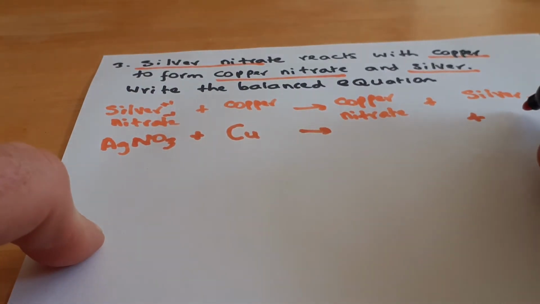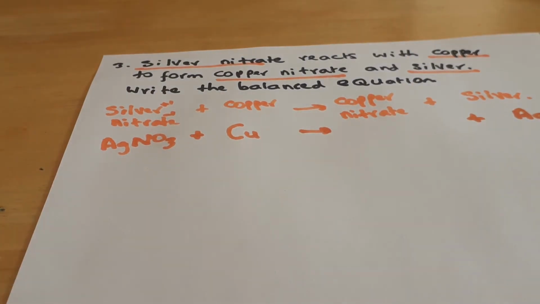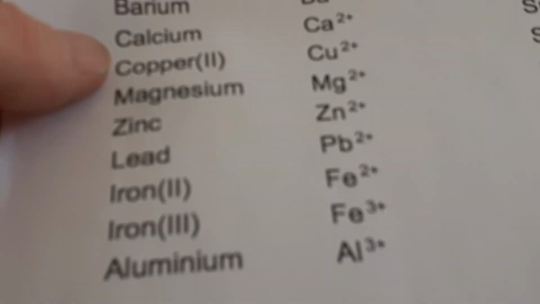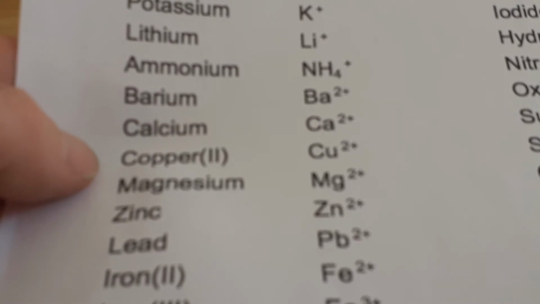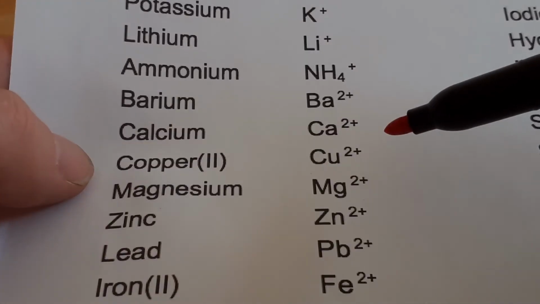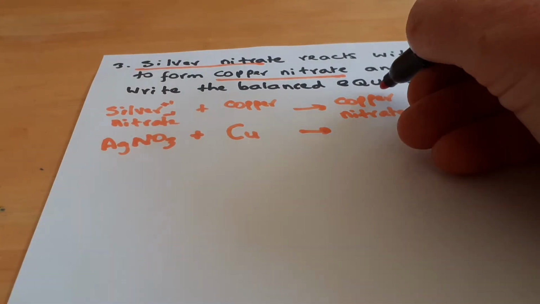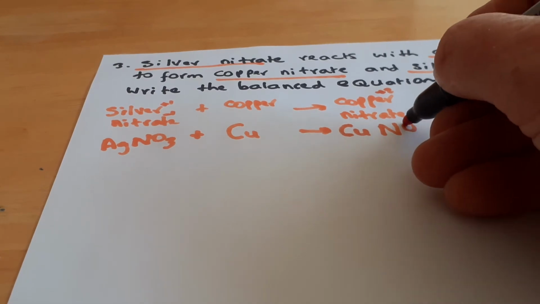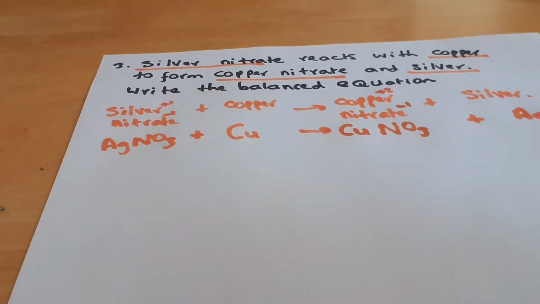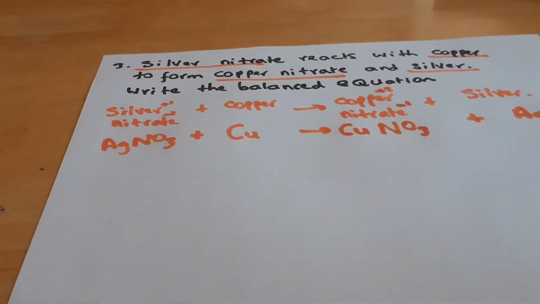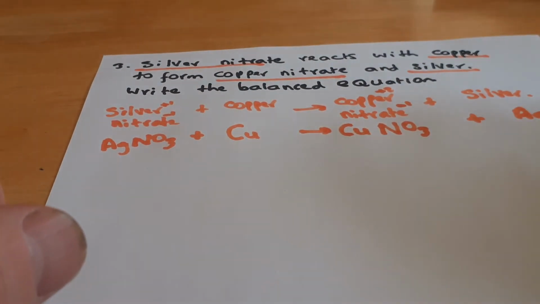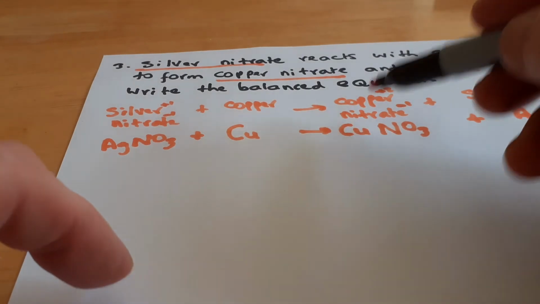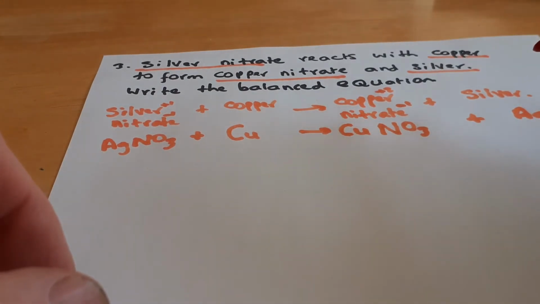Let's just deal with the silver there. It's an element, no charges there. Now, let's look at the copper nitrate. So, copper, as we can see, is +2. Nitrate, already we know, is -1. Now, the lowest number that will both go into is 2. So 2 goes into 2 once, 1 goes into 2 twice.